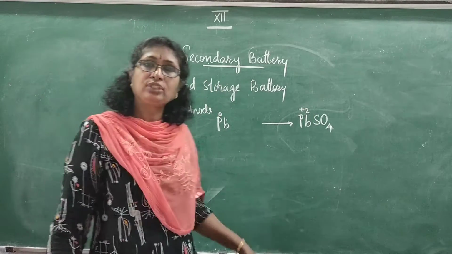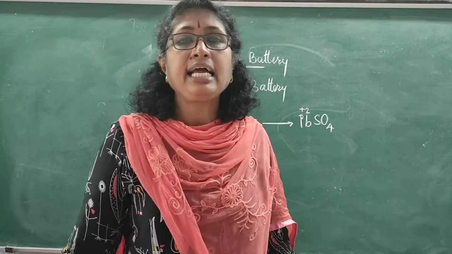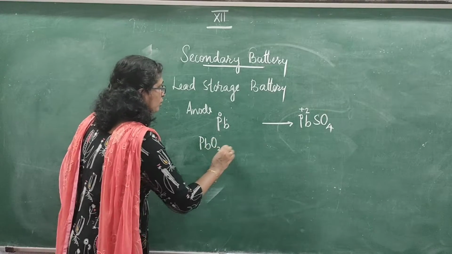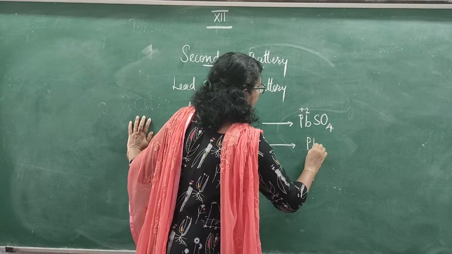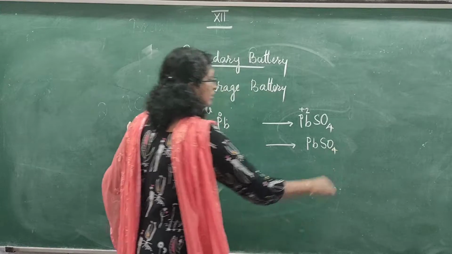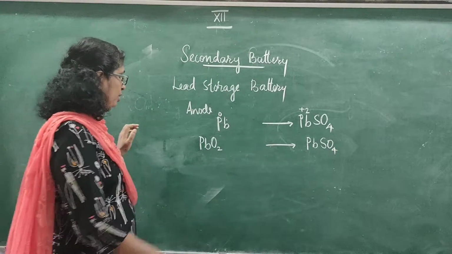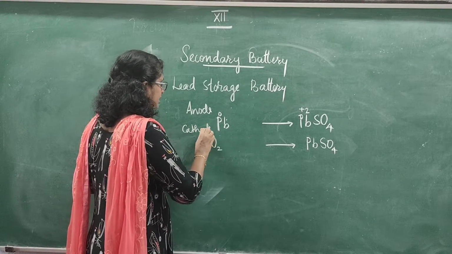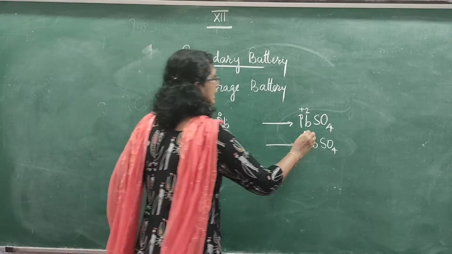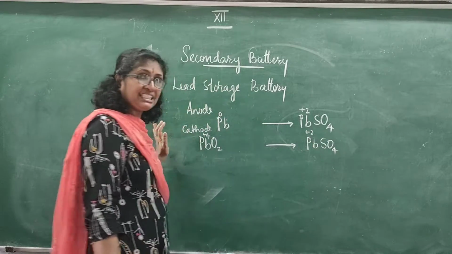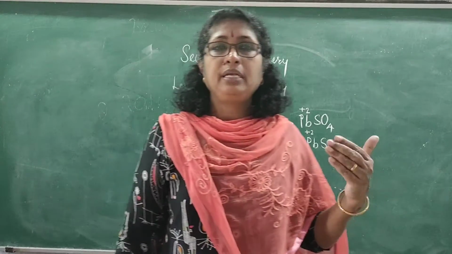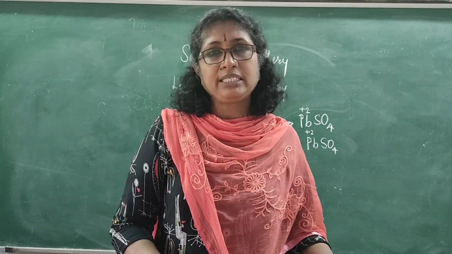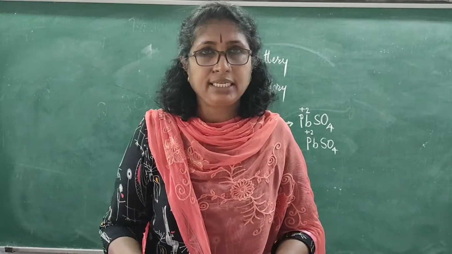At the cathode, PbO2 is reduced to PbSO4. In PbO2 the oxidation state of lead is +4, and here it is +2. That means reduction. So oxidation takes place at the anode and reduction takes place at the cathode.